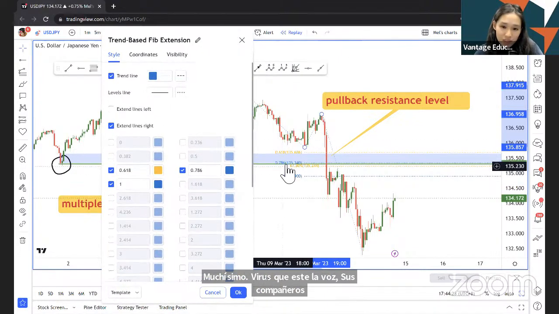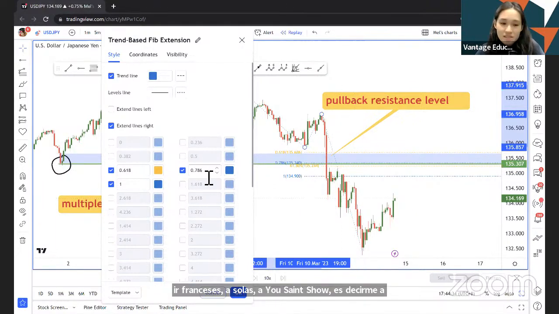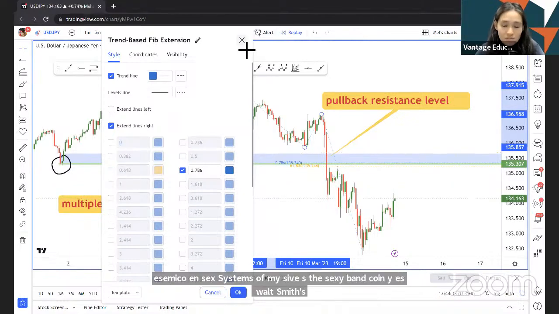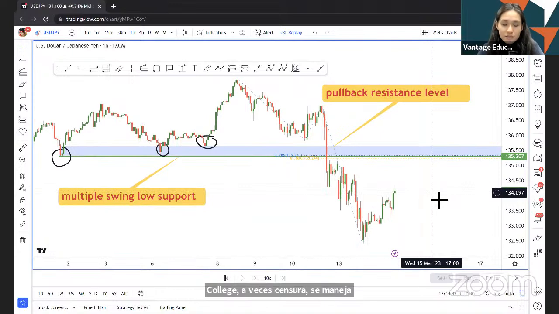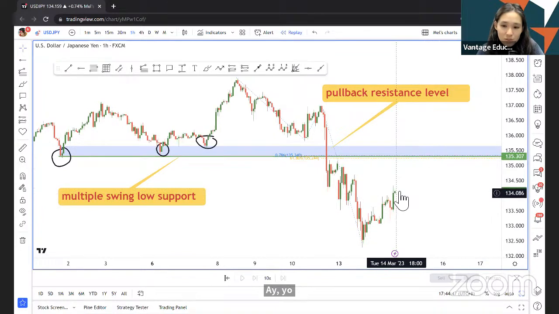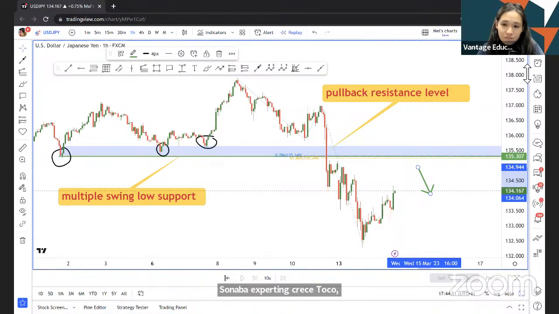Here I can see my 78.6 lines up nicely with the 61.8 as well as my support or resistance level, so I'm going to remove the rest. And here, now we're expecting price to go up to this level and reverse off of it.